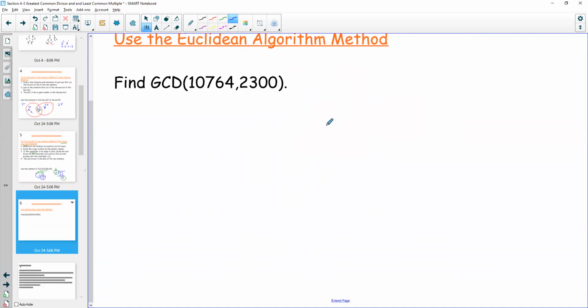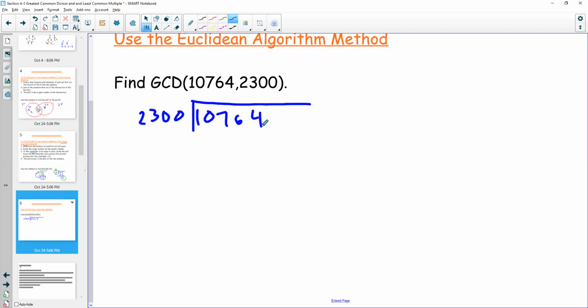So we're going to find the greatest common factor of 10,764 and 2,300, okay? So we start the same way, small number, 2,300, into big number, 10,764. And you're going to use your estimation skills, right?